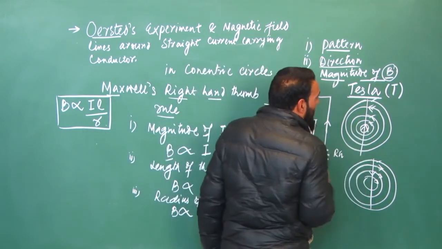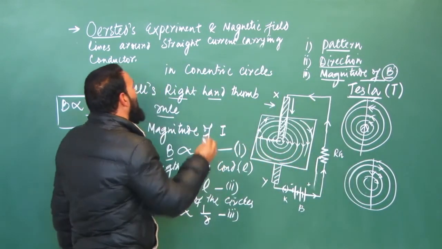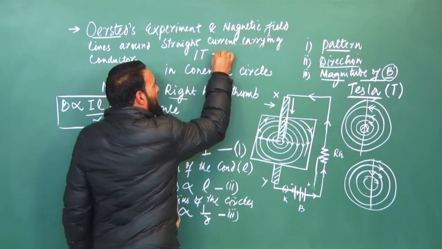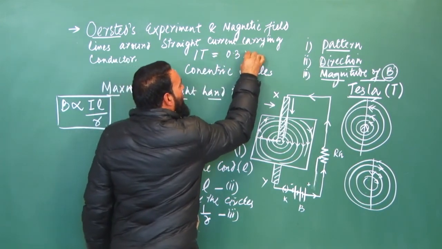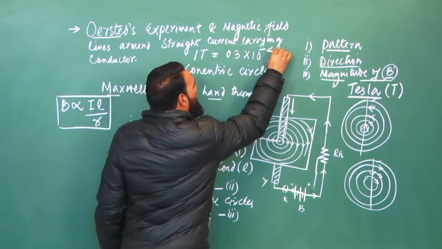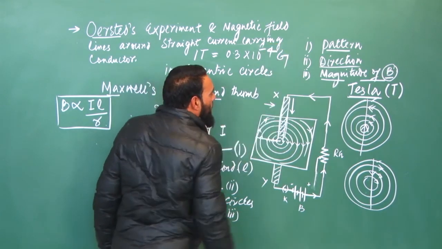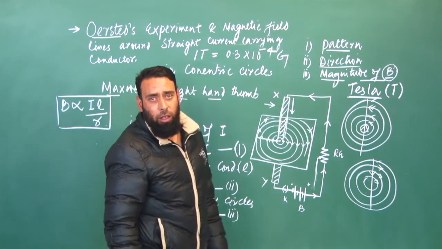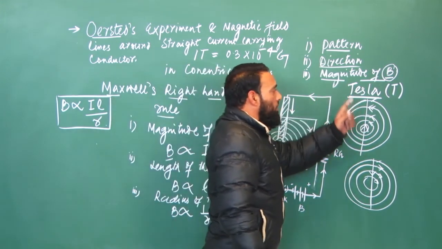If we compare, 1 Tesla is equal to 0.3 into 10 raised to the power minus 4 Gauss. The Gauss is the smaller unit and the Tesla is the bigger unit.